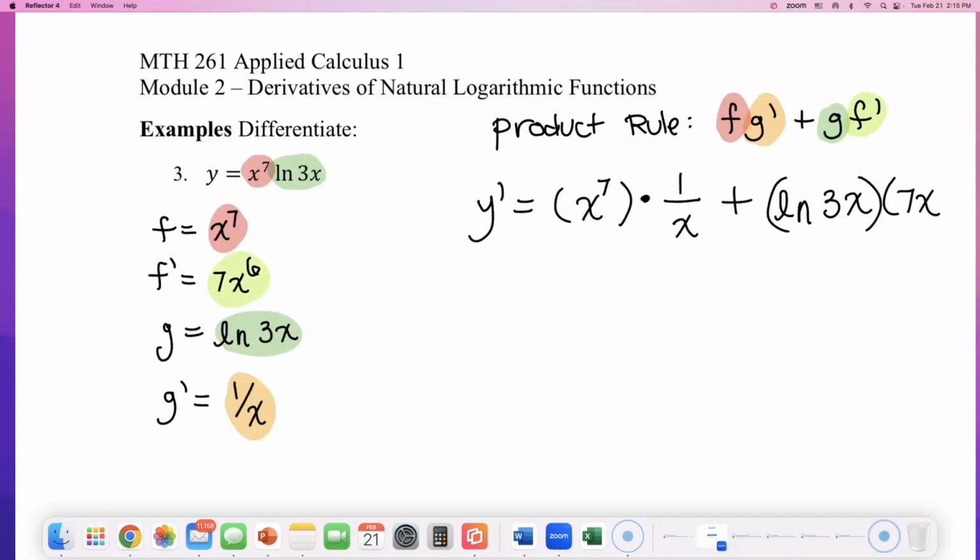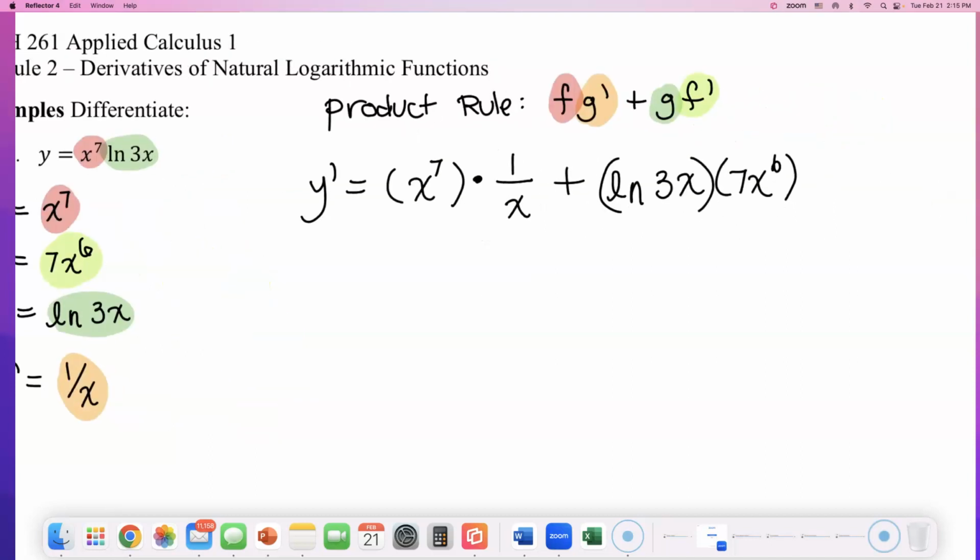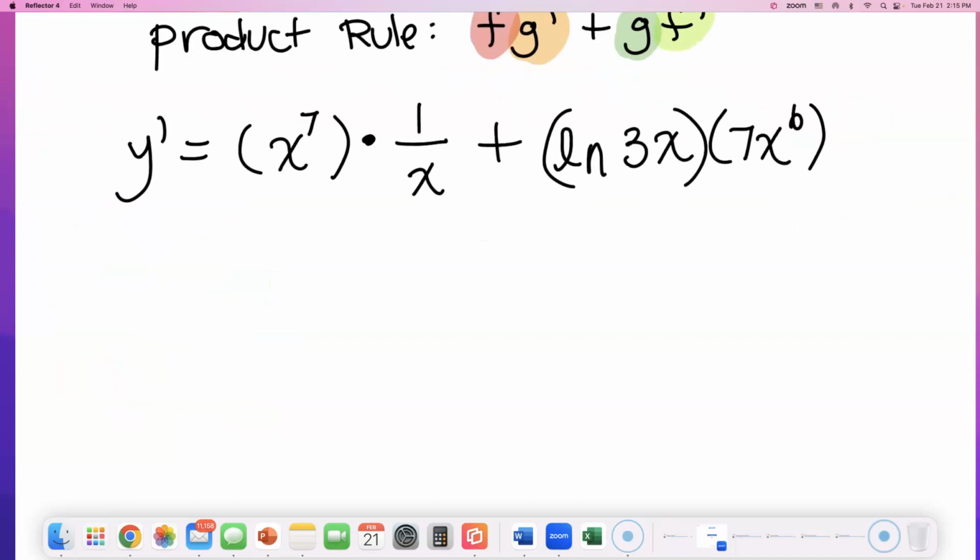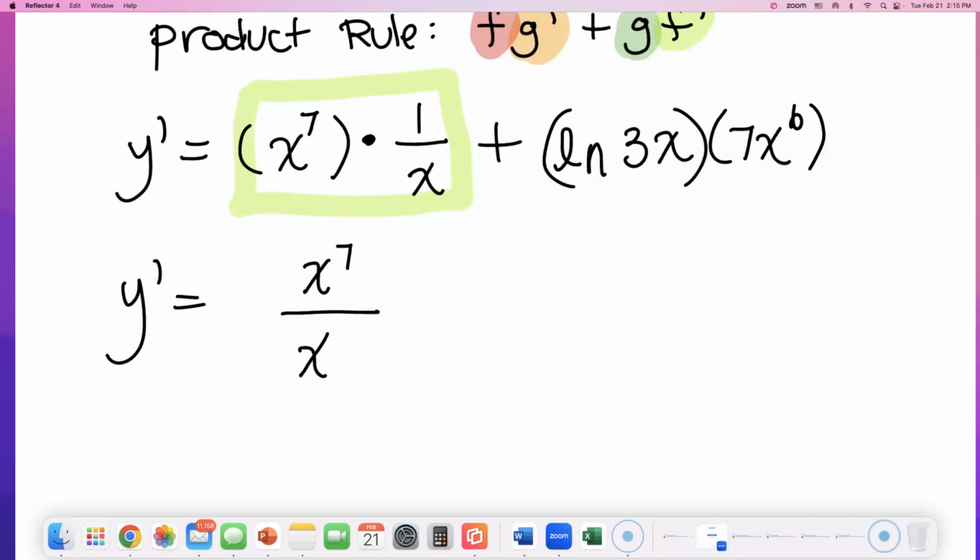to the 6th power. Let me see if I can try to simplify this a little bit, okay? Now look at the first two multiplication, like these two. That's x to the 7th power over x to the 1st power, right? Because that's x to the 1st power in the bottom right there. So if you subtract 7 minus 1, you agree that will give us x to the 6th power, right?